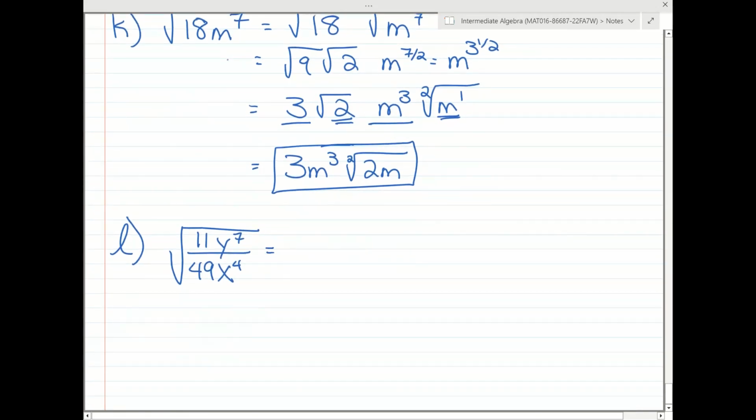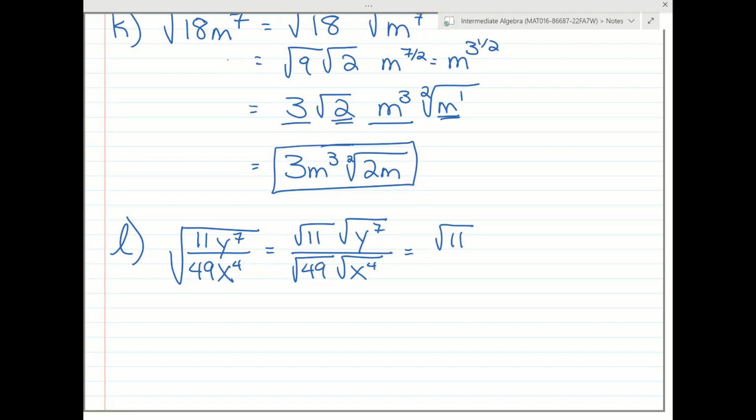So we could separate this to be the square root of 11, square root of y to the 7th, over the square root of 49 times the square root of x to the 4th. Square root of 11 we can't change, so that's fine the way it is.